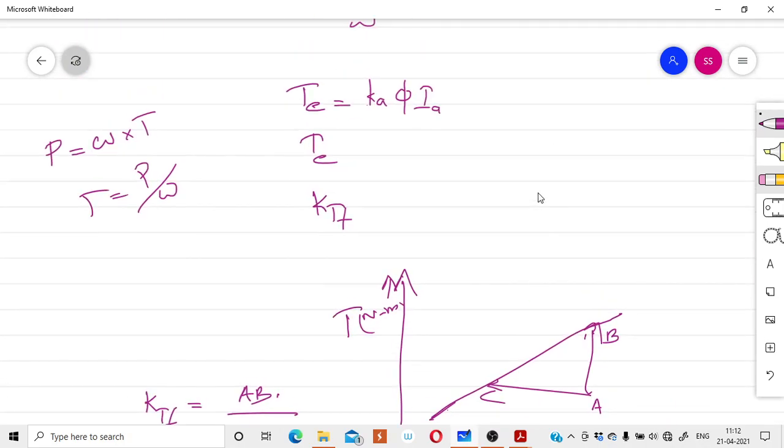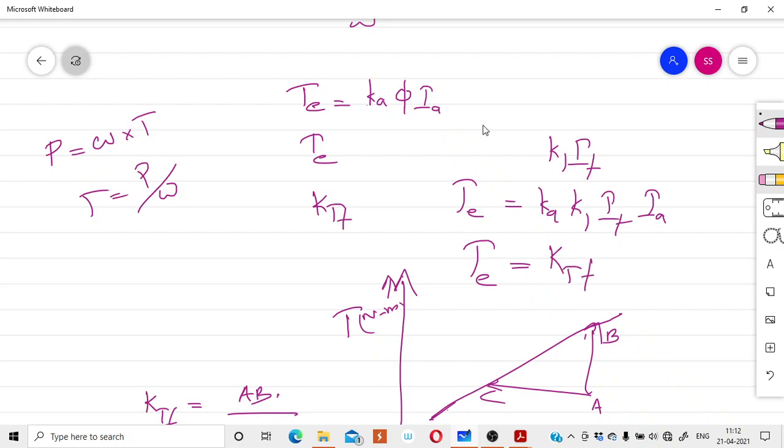Yes, the same thing you can derive from here also. So T is equal to K phi into Ia, and this phi is proportional to some constant K1 into IF. So T will be equal to K into K1 into IF into IA. And in the case of field controlled mode of operation, we are making this armature current constant. So this is again K into K1 into IA, which I'm taking as another constant, that is our KTF, into IF.